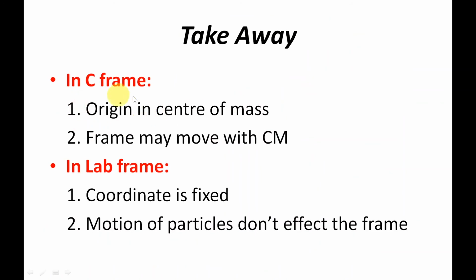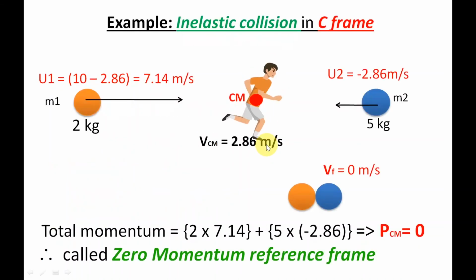The next point is that the frame may move with the center of mass. Wherever the center of mass moves, the origin of the center of mass frame, that is the observer of the center of mass frame, will also move with it.